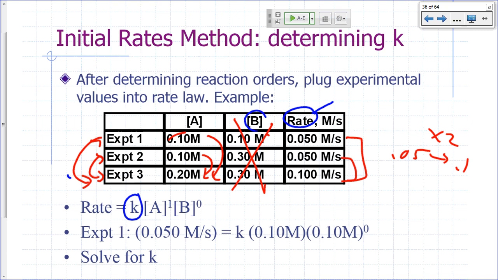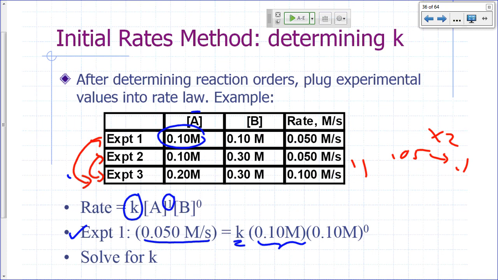So this is initial rate, that's initial concentration of A and B. So you plug in the initial rate for, let's say, experiment 1, you put in 0.05 moles per liter per second, that's your rate, is equal to K times the concentration of A for experiment 1, which is how much? 0.1, right? So raised to the power 1. And the concentration of B for experiment 1 is 0.1, and that's raised to the power 0. So you can solve for K.